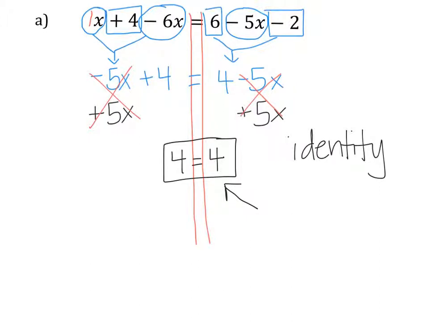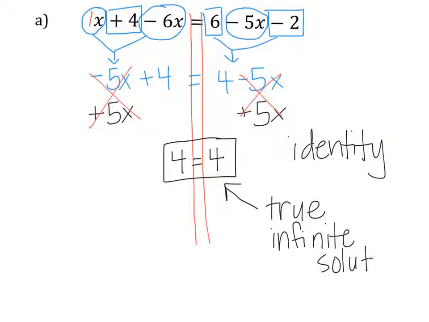If you get a statement that is true, it is true that 4 is equal to 4, then your final answer is infinite solutions. What that means is you could put any number in the place of x, and this equation will work.